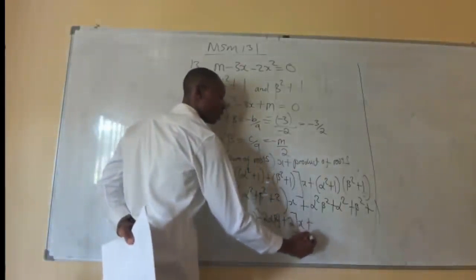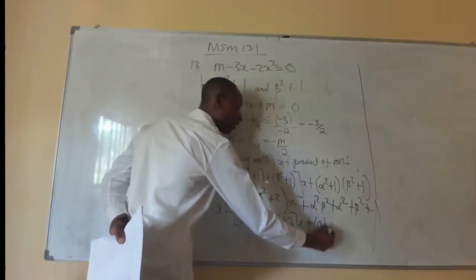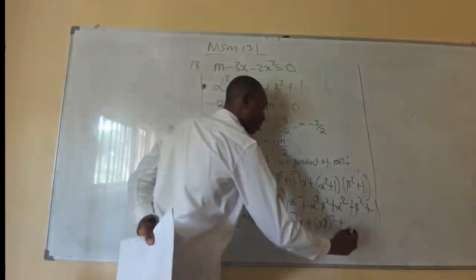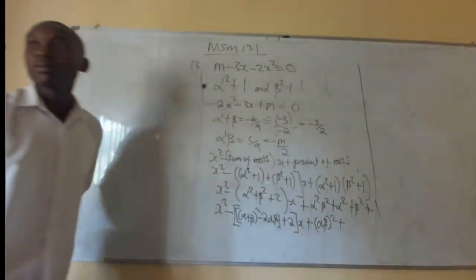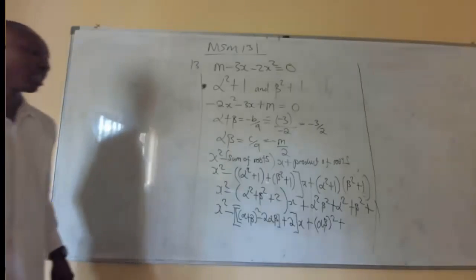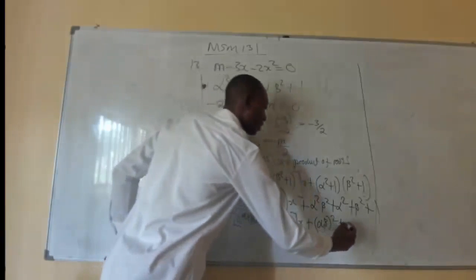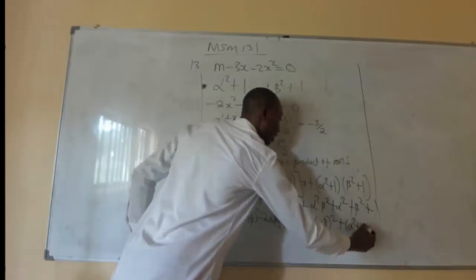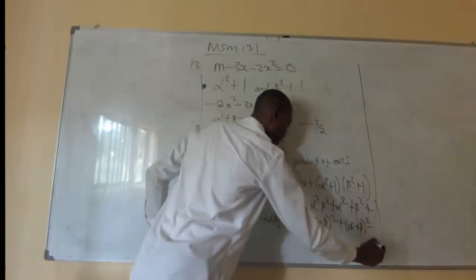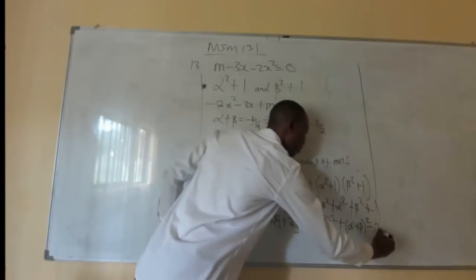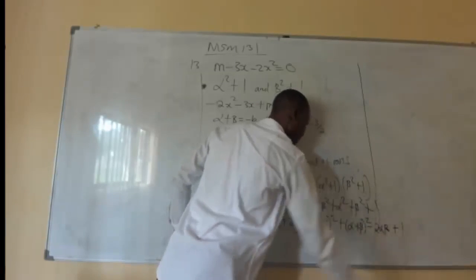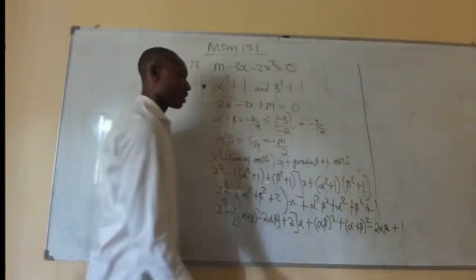Then plus, this one will be written as alpha beta squared plus, we're going to write this in standard form as well. So it's going to be alpha squared plus beta squared, alpha plus beta squared minus 2 alpha beta, then plus 1. Okay, so that's the product.